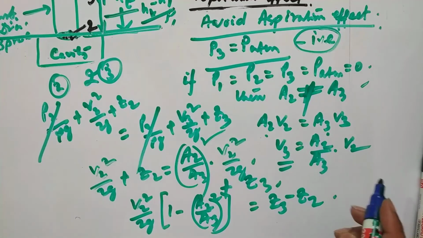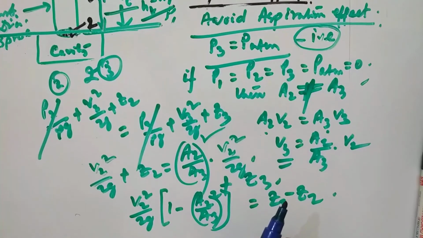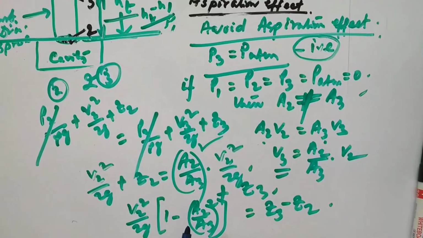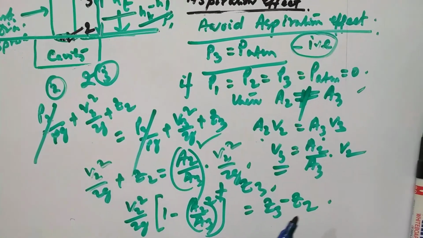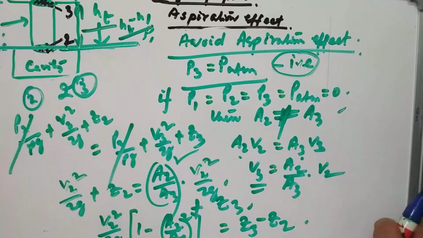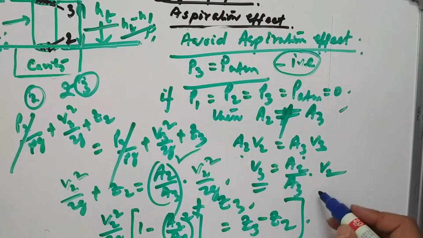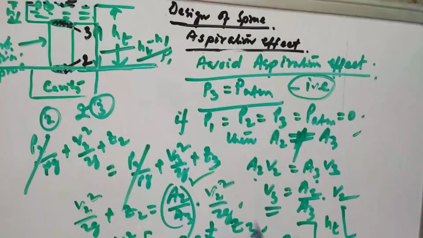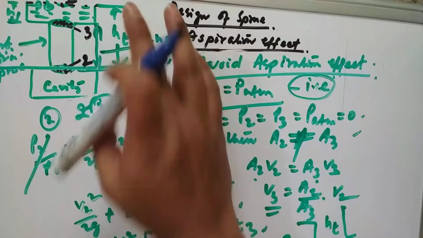Now look what comes out. V2 square by 2g, you can write as HT. From this diagram, HT is V2 square by 2g.